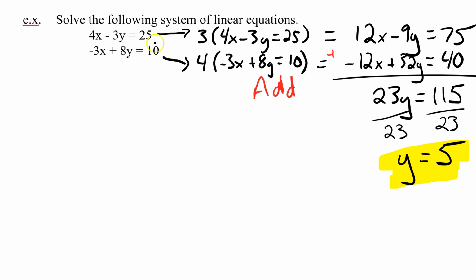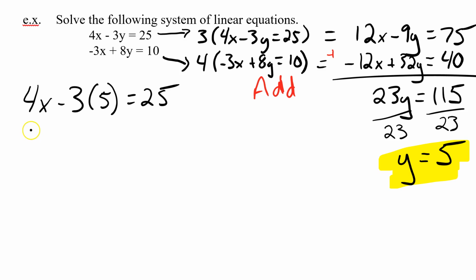I'm going to go into one of the original equations, and again, it doesn't matter which one. I like the first one. So 4x minus 3, I'm going to change my y into 5, equals 25. So I've got 4x, negative 3 times 5 is negative 15, equals 25.